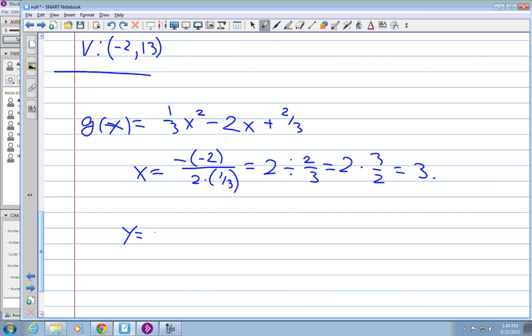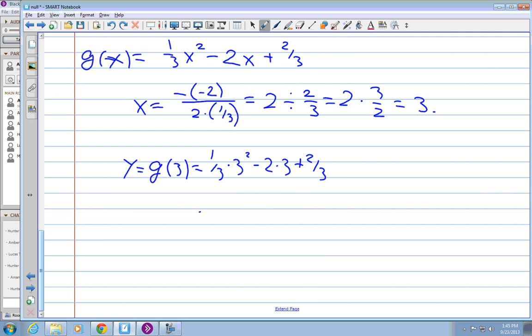The y value, just plug it into your function. So g of 3, that's 1/3 times 3 squared minus 2 times 3 plus 2/3. Just plug that value into your function, so that's 1/3 times 9 minus 6 plus 2/3.